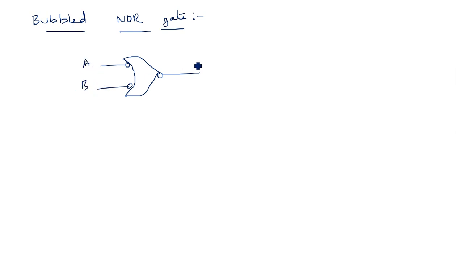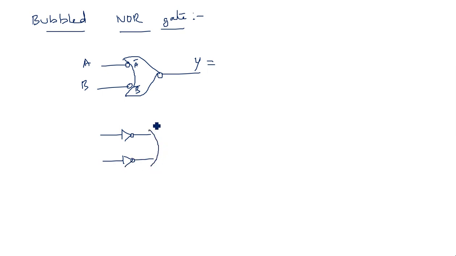A, B, and this is output Y. A, after going through the bubble, is A bar, and B is B bar. So it is A bar plus B bar whole bar, because it is a NOR gate.